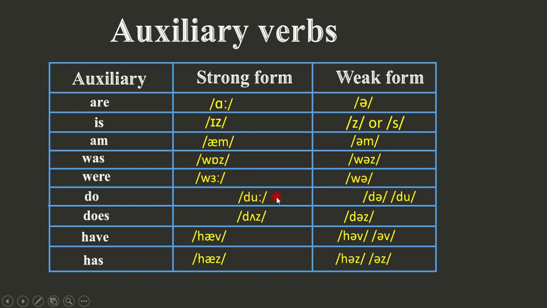Do for the strong form, and then der or do for the weak form. Does for the strong form, does for the weak form. Have for the strong form, have or of for the weak form. Has for the strong form, has or as for the weak form.